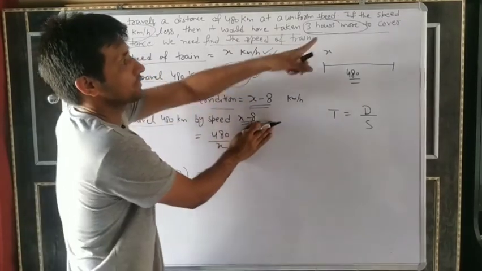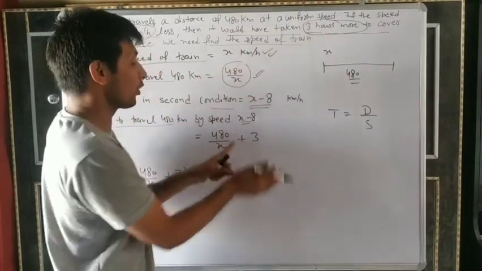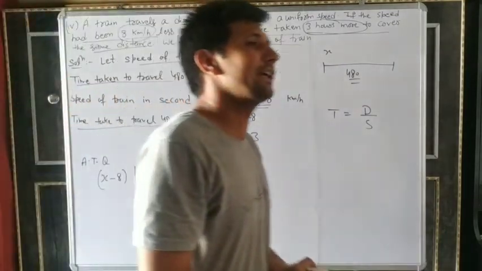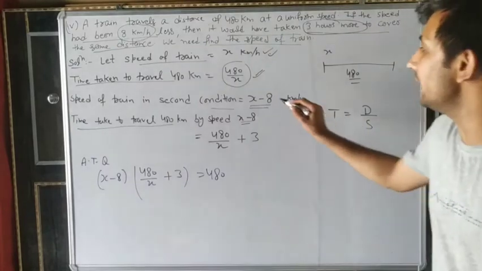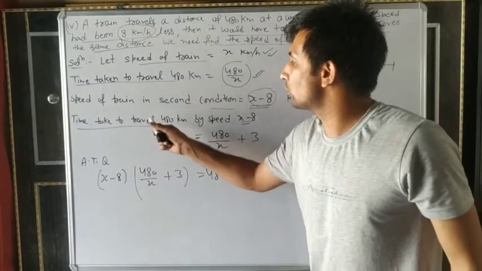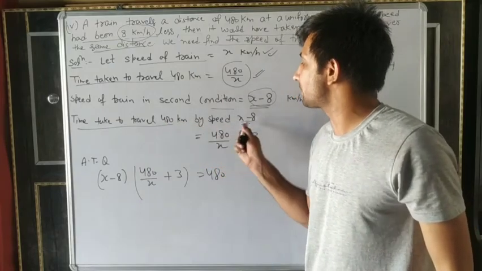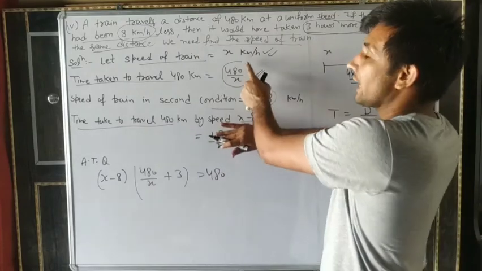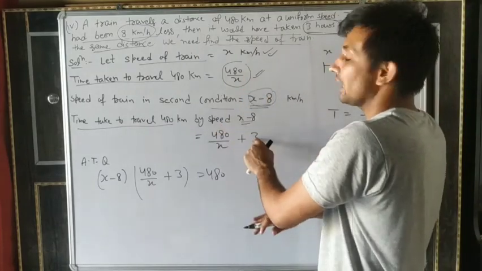But how much more time are you taking? 3 more, so plus 3. Understand or not? So the time is 480 by x plus 3.